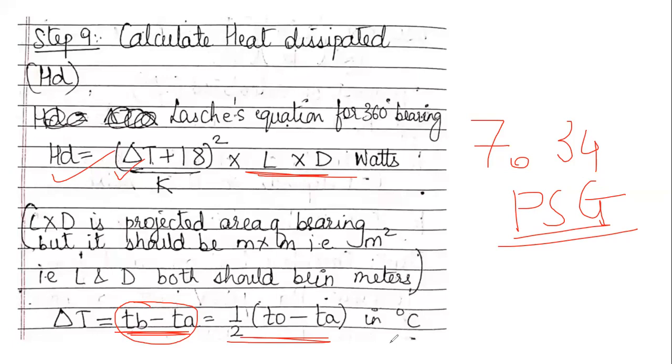Temperature will be in degree C, L will be in meters, D will be in meters. So this is called Lash's equation.